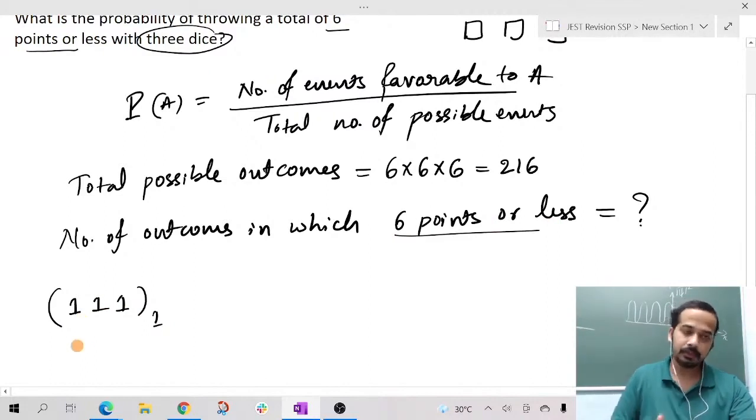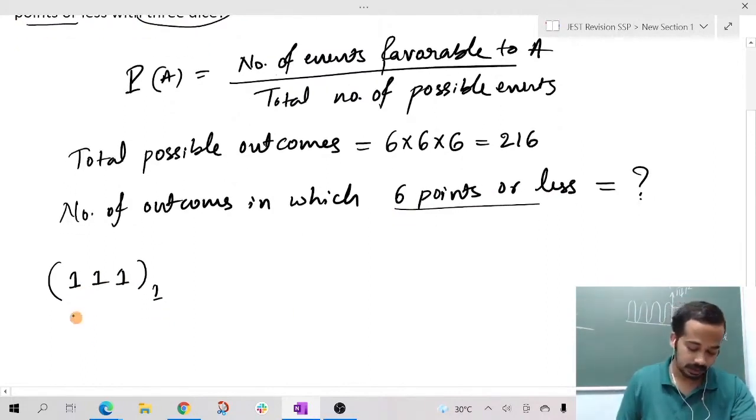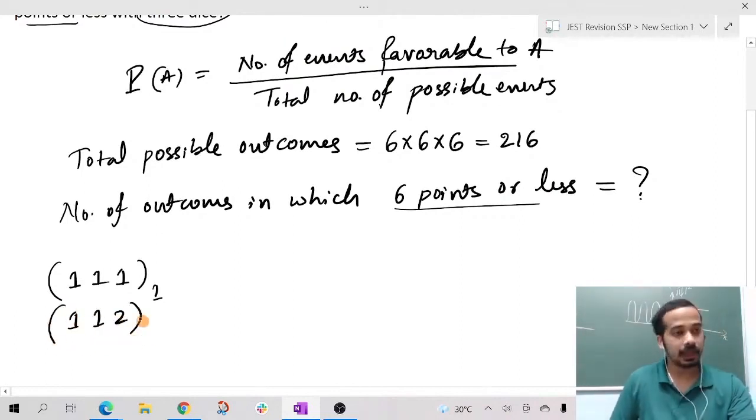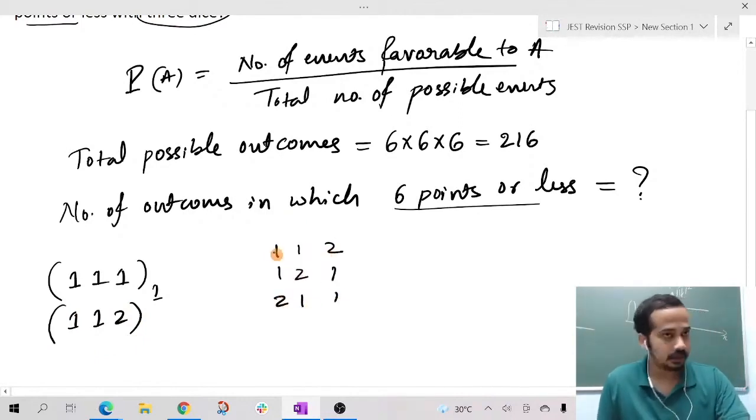Similarly, let me go for the next higher one. You have to think about the possibilities here. What is the next higher one? 1 1 2, am I right? This 1 1 2 can happen in 3 different ways: 1 1 2, 1 2 1, 2 1 1. First dice 1, second dice 1, third dice 2; first dice 1, second dice 2, third dice 1.